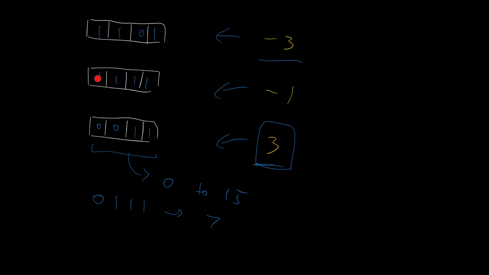If this has got this bit pattern in it, then this number is -1. And if we want to add them, then we get -3 plus -1, which is -4. And so the answer needs to be whatever the bit pattern is that corresponds to -4.